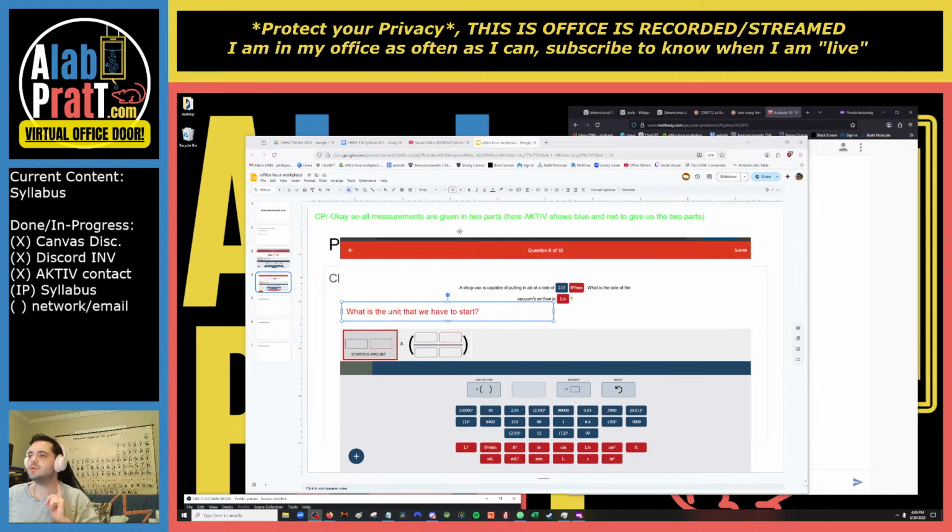So what is the units that we start with? There's the number 210, but there is this unit. So what are the units that we're starting with?